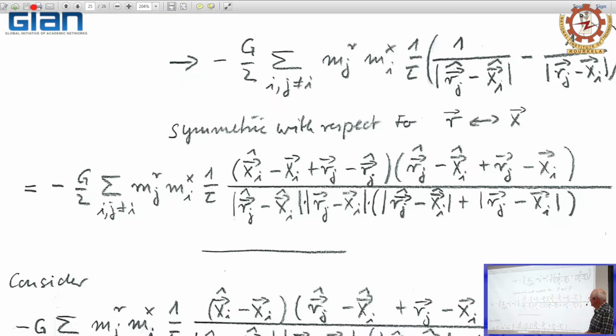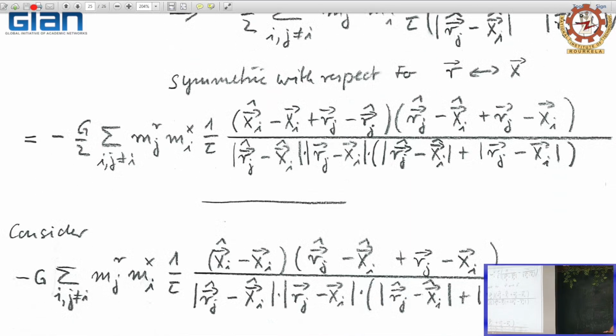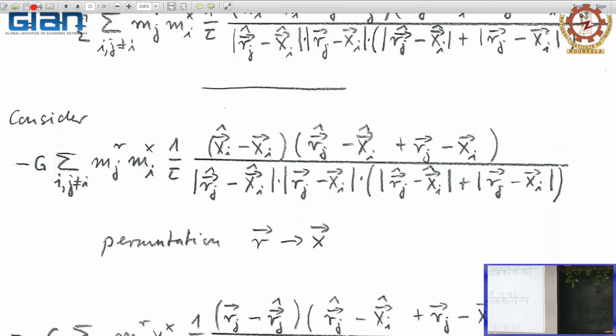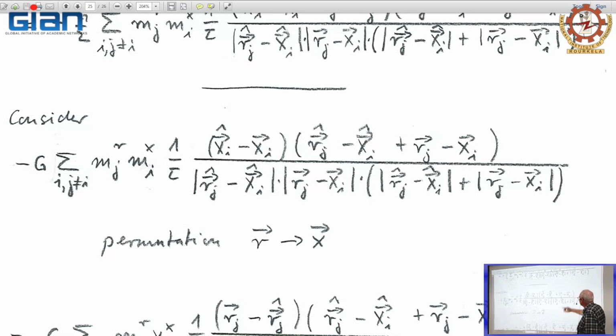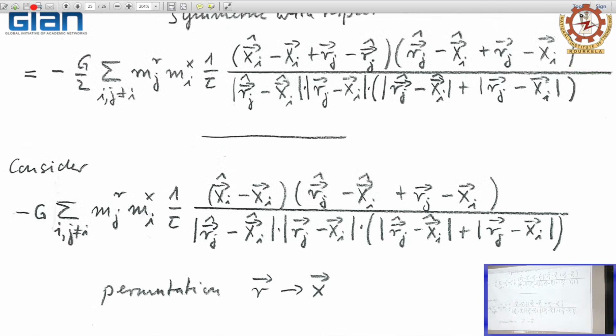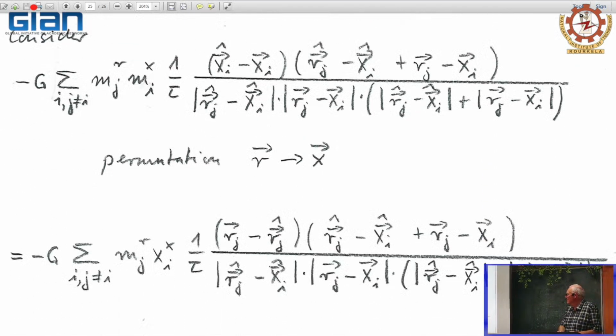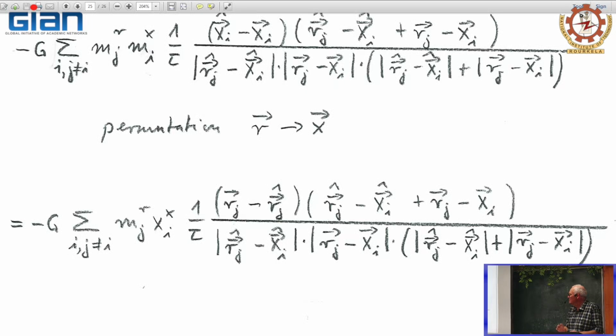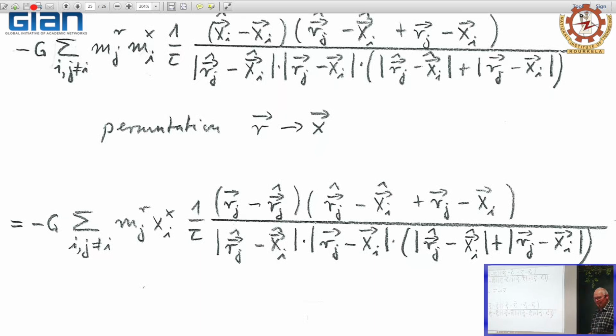It's simple algebra which needs to be done to verify that this is actually the case. Well, now let's consider this quantity, which is similar to the one above, and permute r and x. What we are left with here is the second quantity, which is equal to the above quantity, and we want to have an asymmetric form of this quantity.